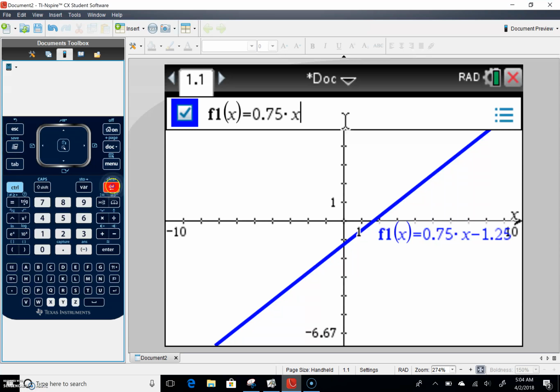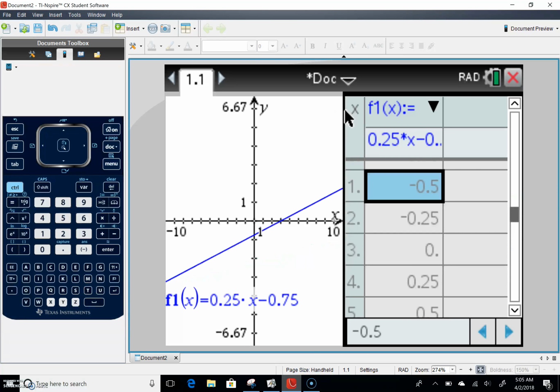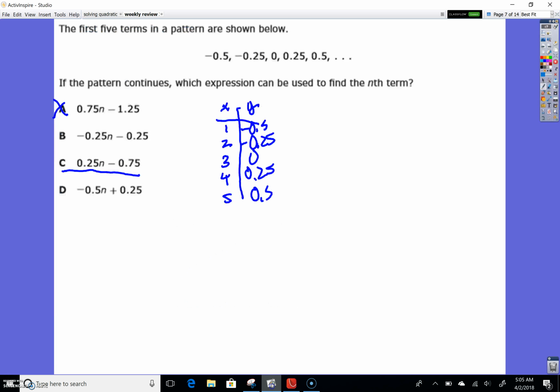Delete. 0.25 minus 0.75. Oops, I forgot the x. Very important to put the x in there. Okay, enter. Control T. 0.5. You see, this one is correct.